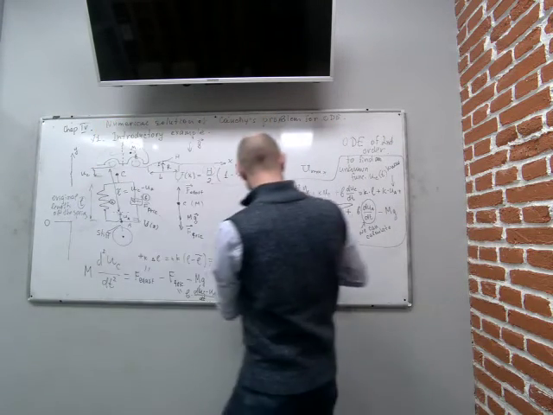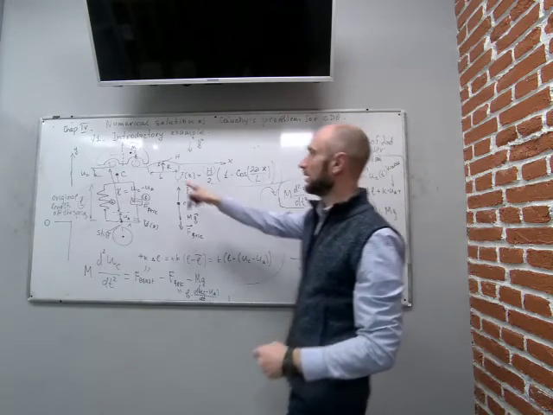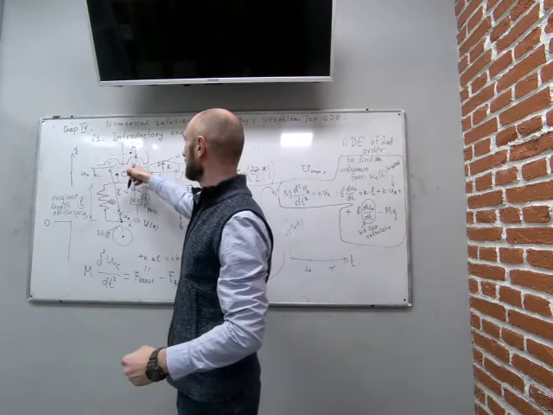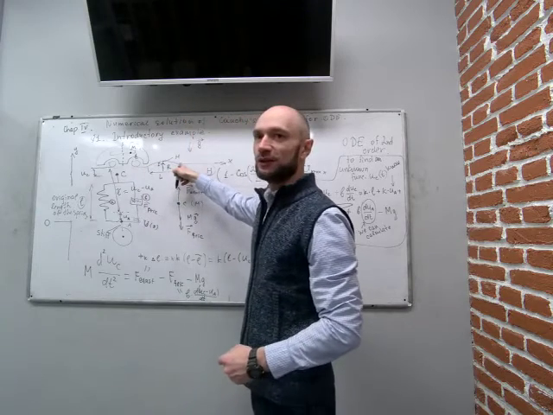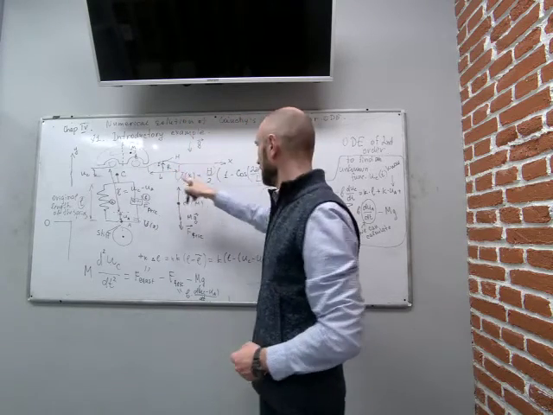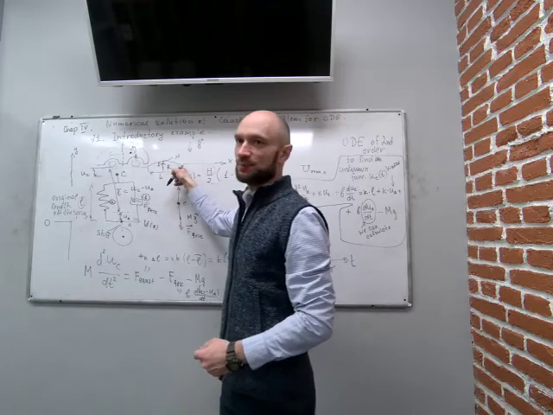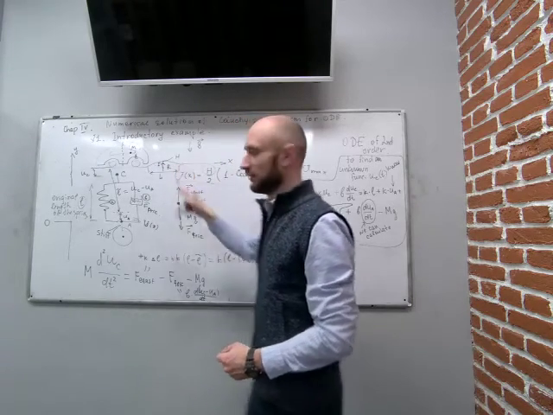So t0 is the moment of time when the car wheel approaches this point, and t capital is the moment of time when the car wheel approaches the end of the bump. Right?